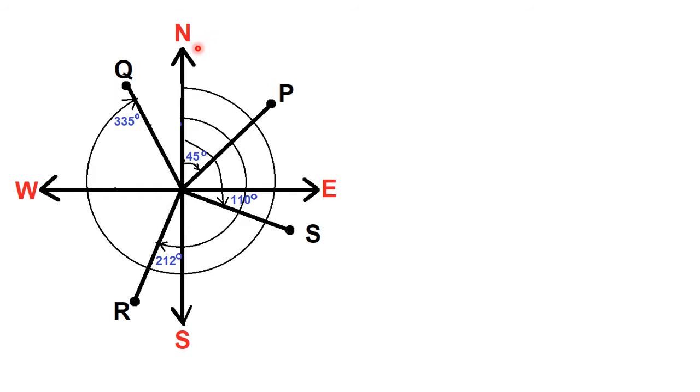So that this becomes 0 degrees, 90 degrees, 180 degrees, 270 degrees, to 360 degrees. So in this figure, the bearing of point P is 45 degrees, meaning coming from the north to this point, which is half of 90, is 45 degrees.